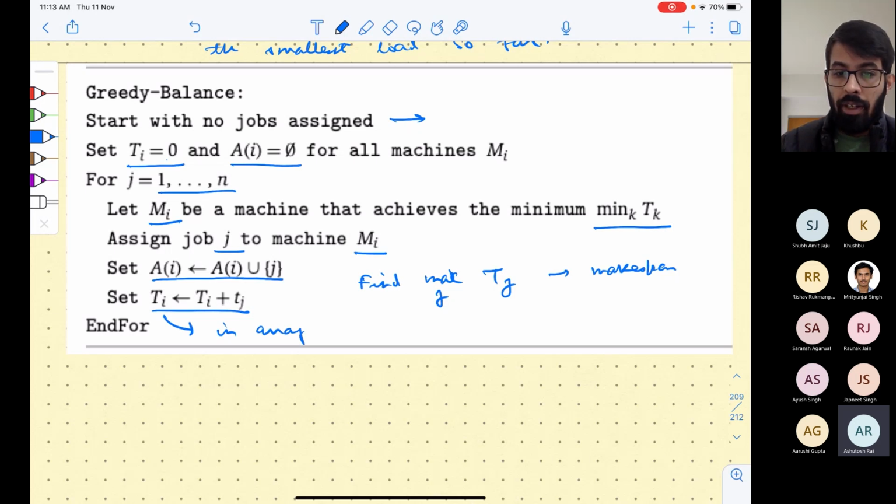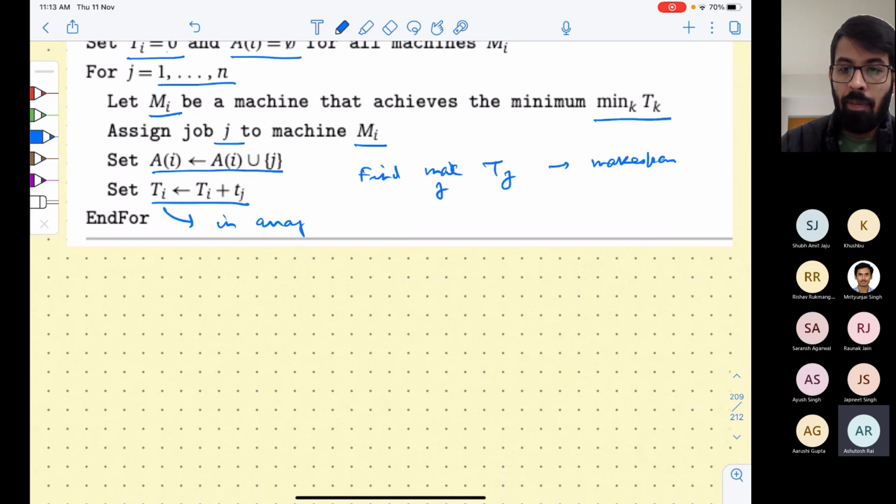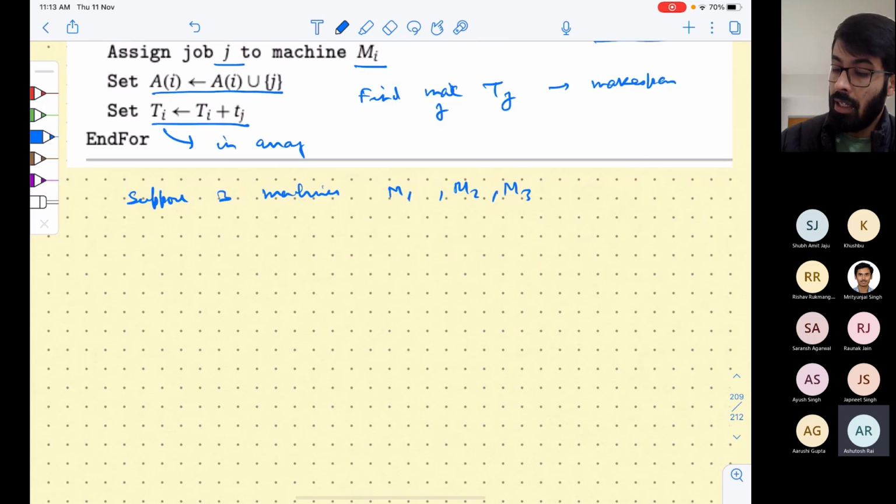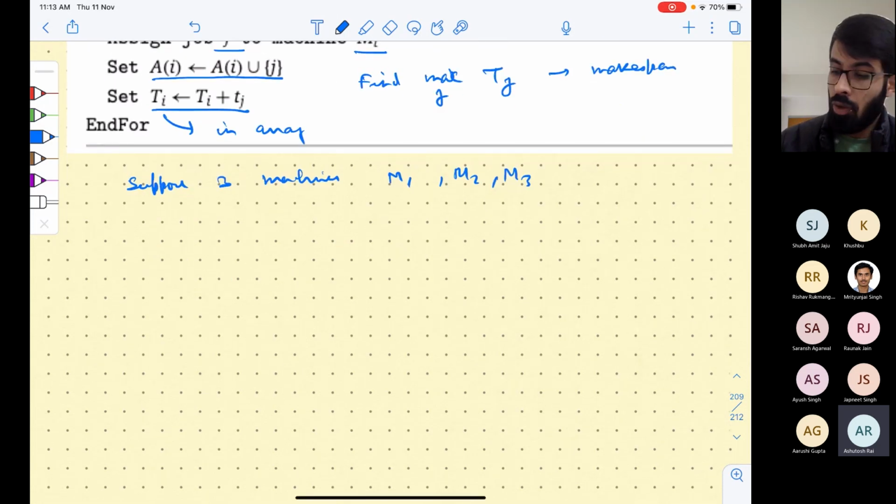Okay, so is the algorithm clear? If not, let's see an example and that will make it clear. Suppose you have 3 machines, M1, M2, M3, and suppose you have 6 jobs with running times 2, 3, 4, 6, 2, and 2.